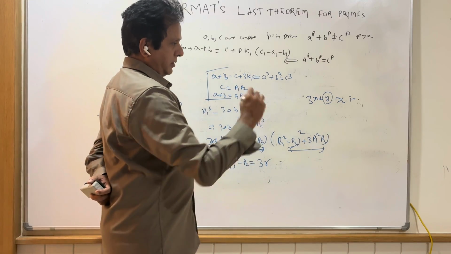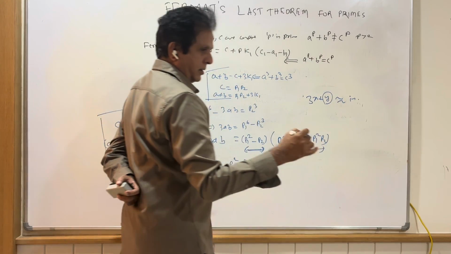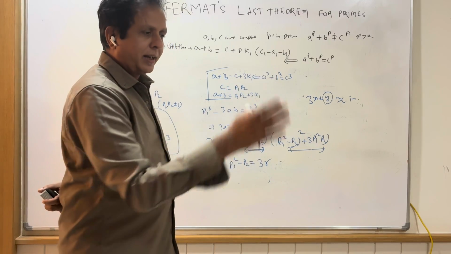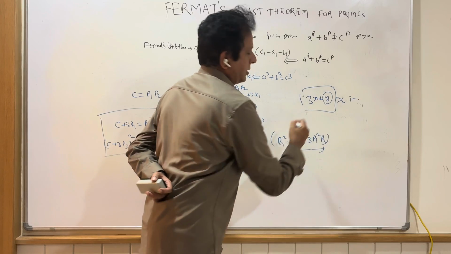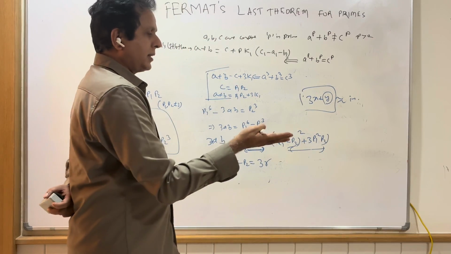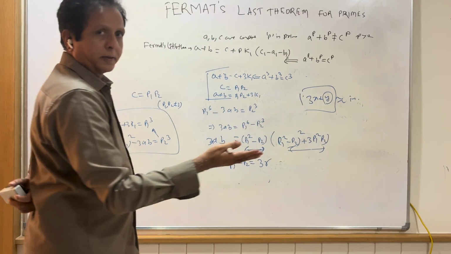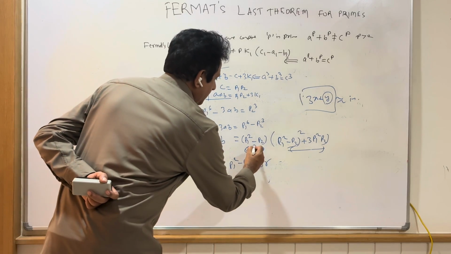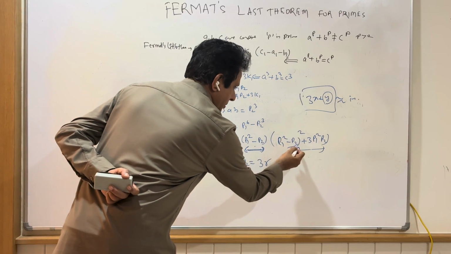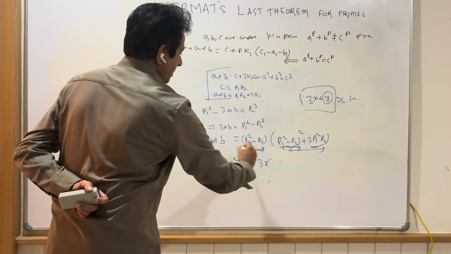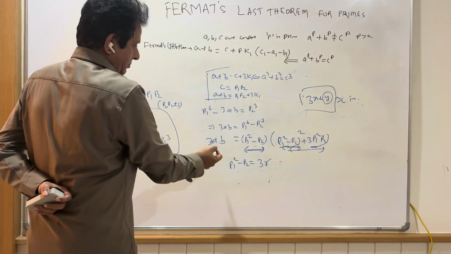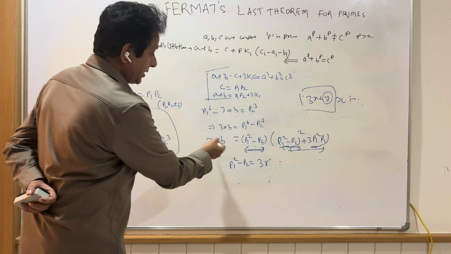When I add two numbers, if one is a 3 multiple, the addition should be a 3 multiple to have the whole thing as a 3 multiple. This is basic arithmetic. So if this is not a 3 multiple, this is also not a 3 multiple, but this is a 3 multiple, so the whole term is not a 3 multiple. But the left hand side is actually 3ab.